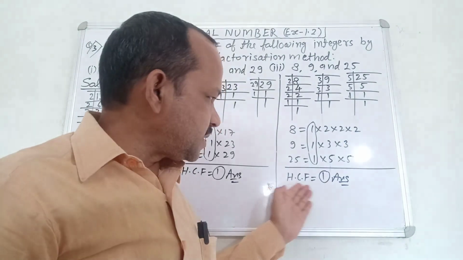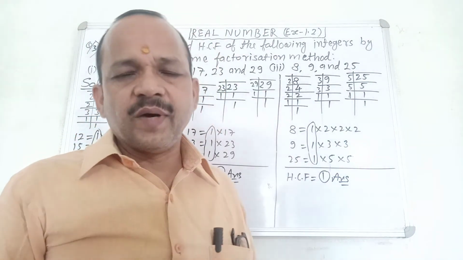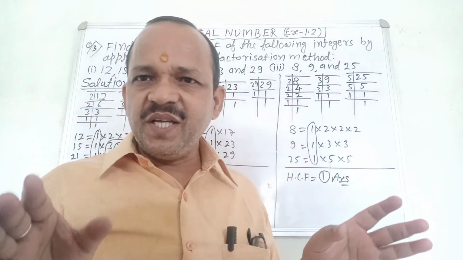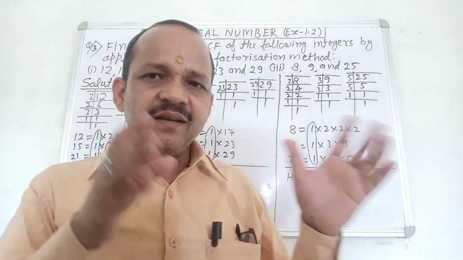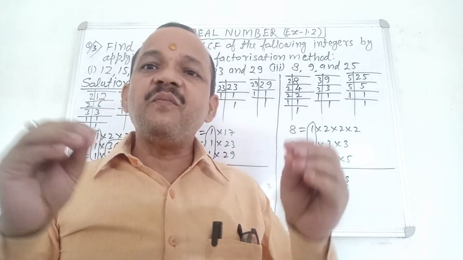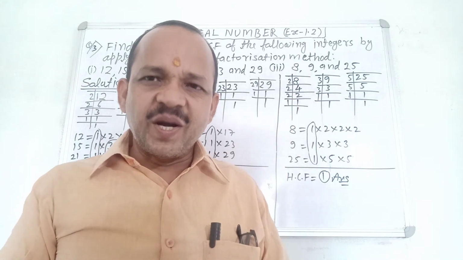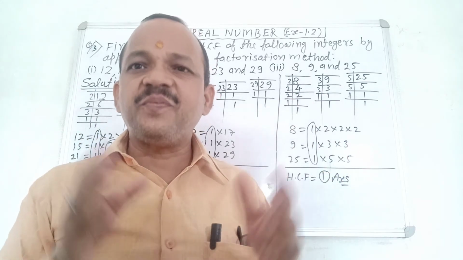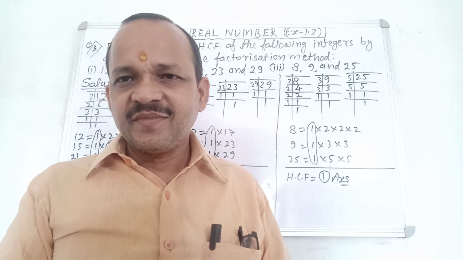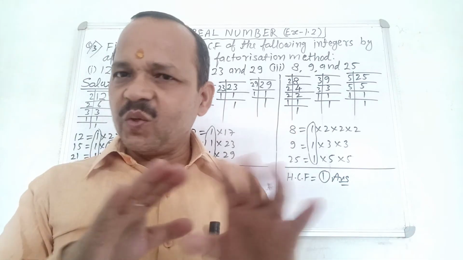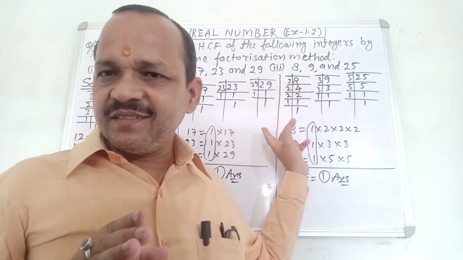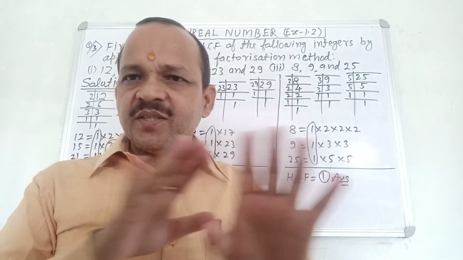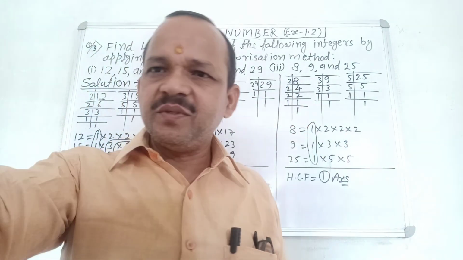It means HCF equal to 1. Clear? No confusion. Finding HCF and LCM is fun. Your solution is correct. Very good. Okay.